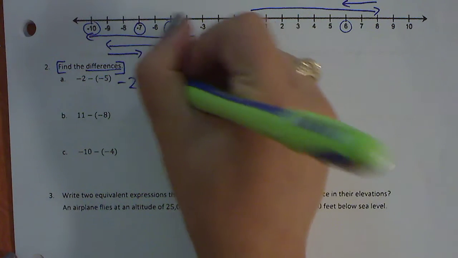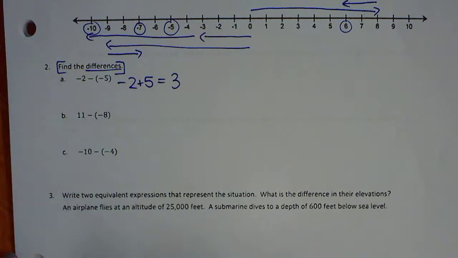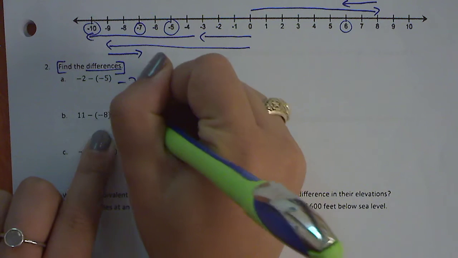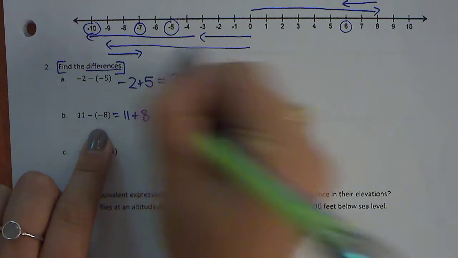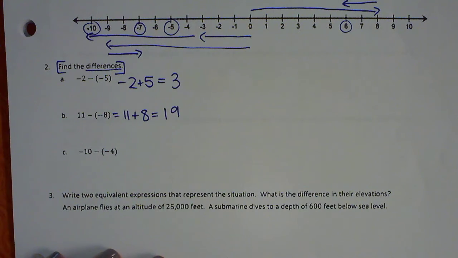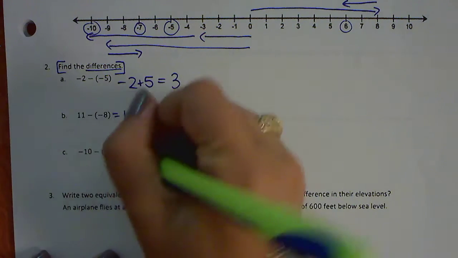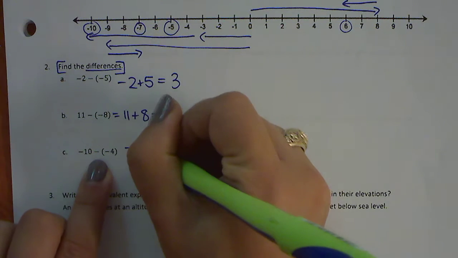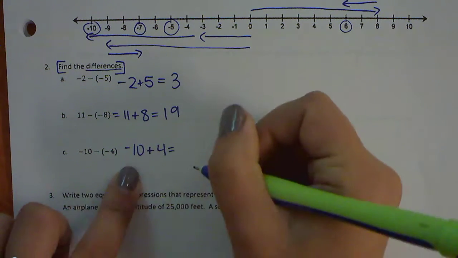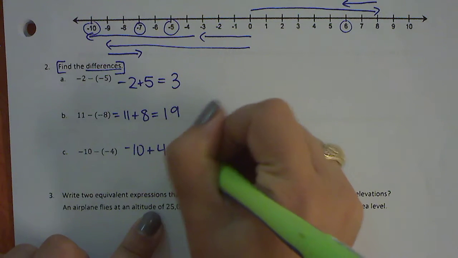Negative 2 plus 5 is 3. Once again, we're going to change the minus negative to a plus positive. 11 plus 8 is 19. Then once again, we're going to change a minus negative to a plus positive. Negative 10 plus 4 is negative 6.